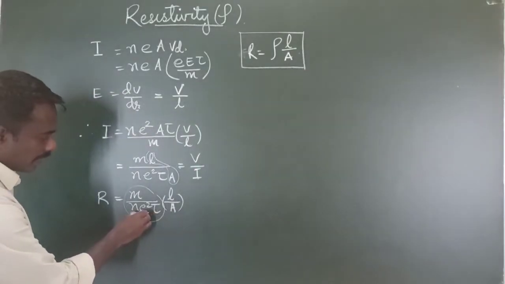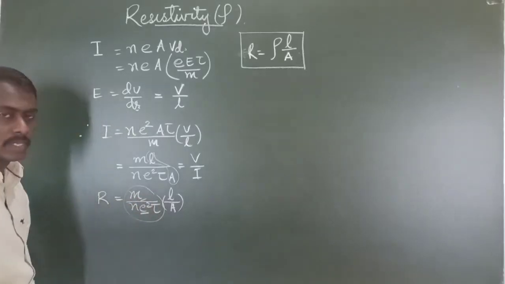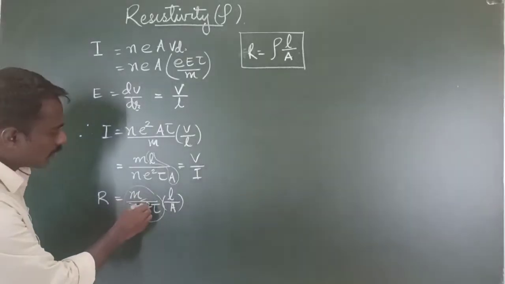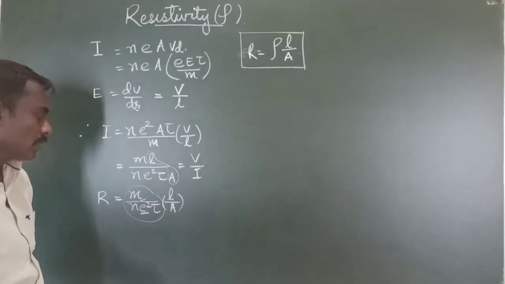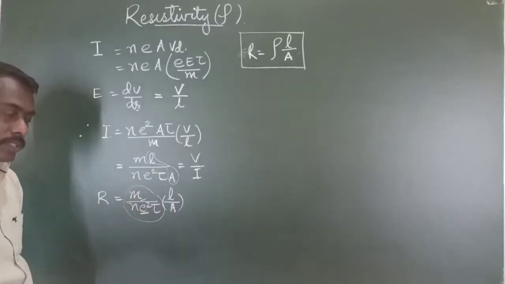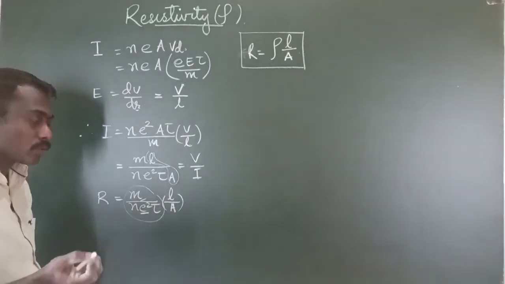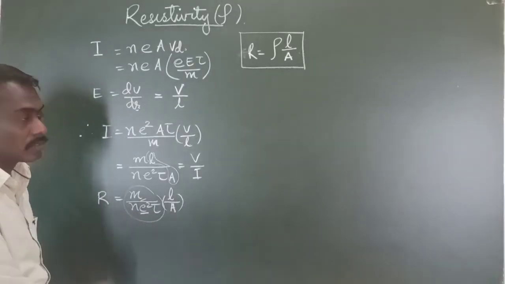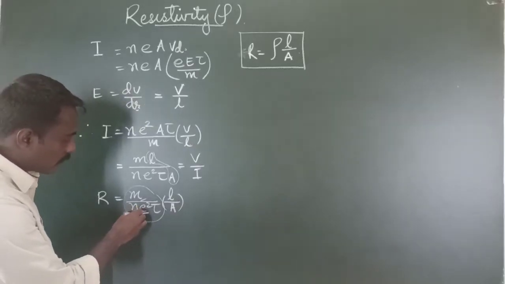Here E is the charge of the electron and M is the mass of one electron, and these two terms do not change in any circumstances. Now, what are the factors on which the resistance or the resistivity of a conductor depends? Here two terms, the first is N. What is N?